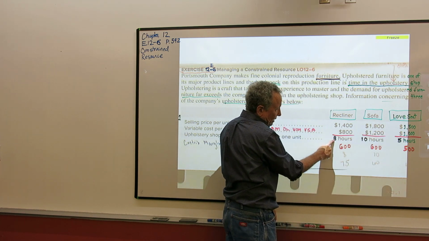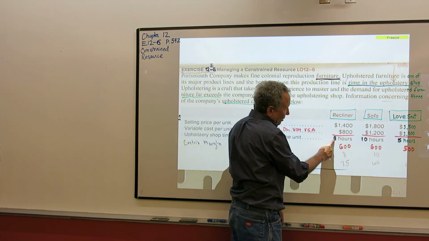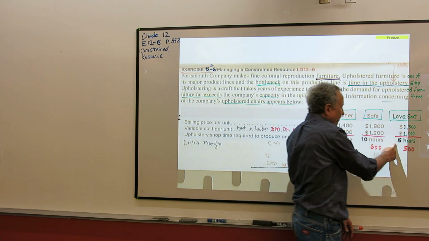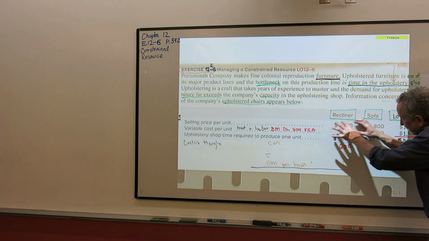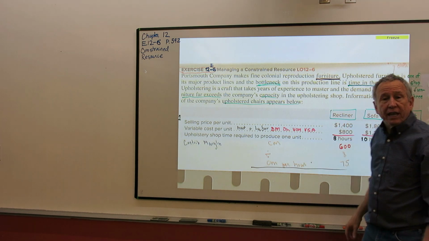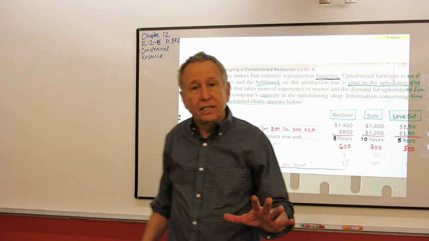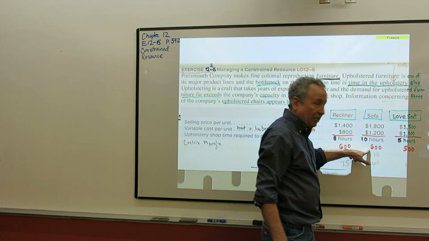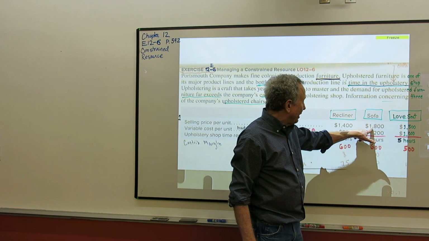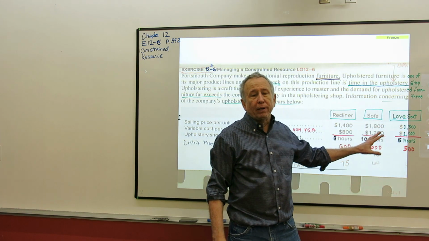Let's say this is 8 times $30 an hour. That's $240, that's in there. And 5 times $30, it's in there. These hours are incorporated into these numbers. And they've taken that into account. And given the fact that they have to use way more time on the sofa, it still makes more money because you can sell it for more. So that information is there.